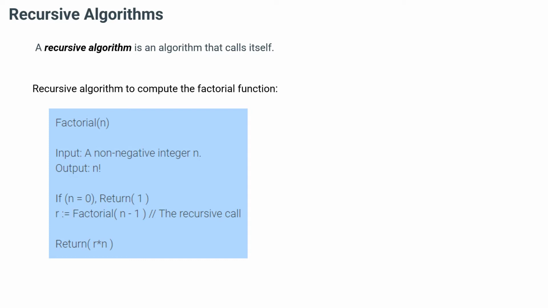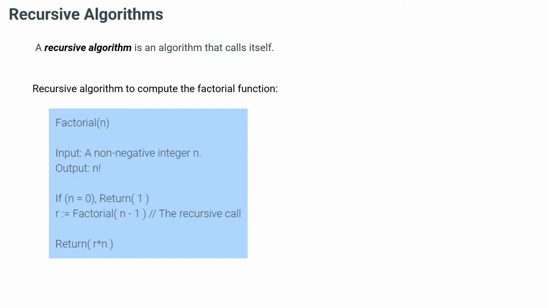If that's not the case, let's go on to the next statement, which says r equals. Now r is just a temporary value that we're going to be using eventually to return the actual output. We'll define r to be equal to factorial of n minus 1.